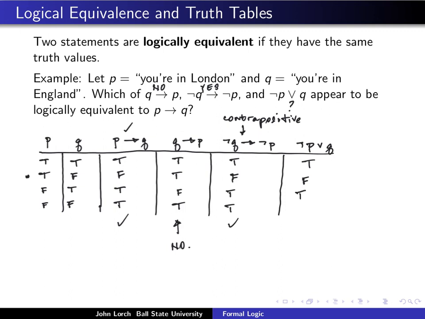And then finally, in the fourth line, both P and Q are false. That means that not P is true, and that forces the or statement to be true. And now I compare my column of truth values with the implication, if P then Q, and I notice that it's a perfect match. And so this statement also is equivalent to if P then Q. Maybe rather surprisingly, it is equivalent.